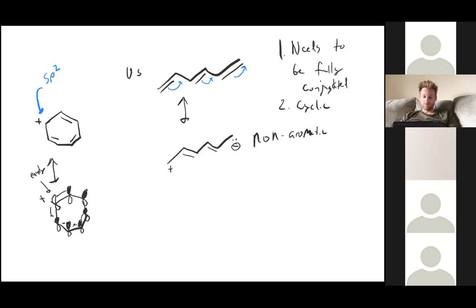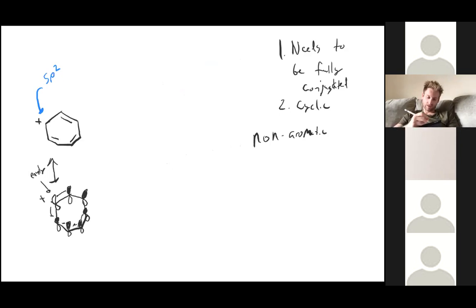Because you are, one, fully conjugated, you have a pi orbital there. Even though it's empty, it's still there. And you're cyclic. So this here can do resonance kind of infinitely. We can move. Now our plus is here.